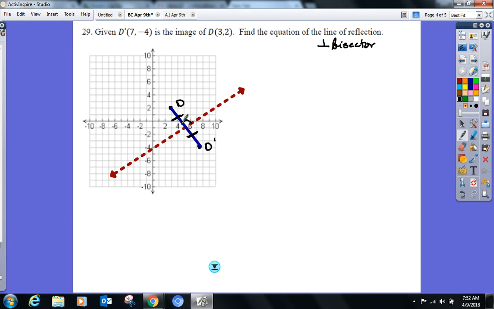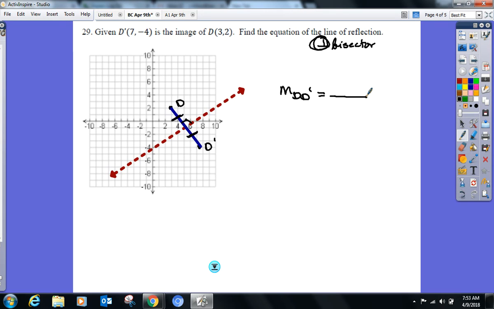All right, ready? There are two parts here. Let's talk about the perpendicular part first. We'll all find it together here, the slope of DD prime, because I need to know that slope to find the slope of my line of reflection. So the slope of DD prime, up and over how many? Or you can use your slope formula.